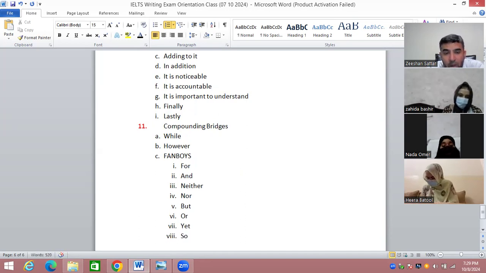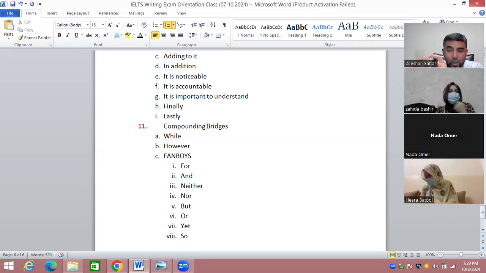So all these words can work as compounding or conjunction bridges for compounding the sentences that I would be using in the exam. These can be used to attach two small sentences into a single compound one.